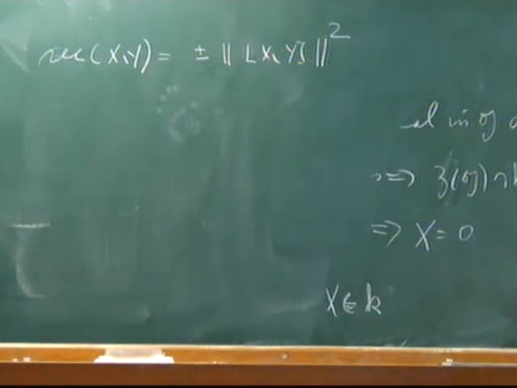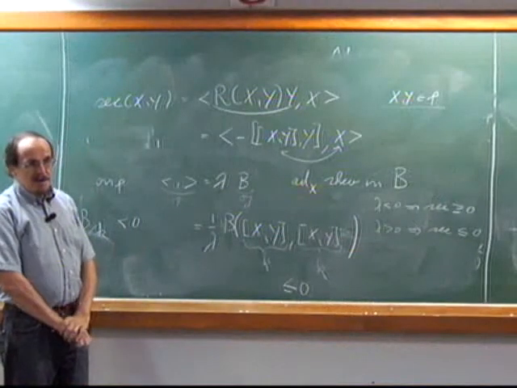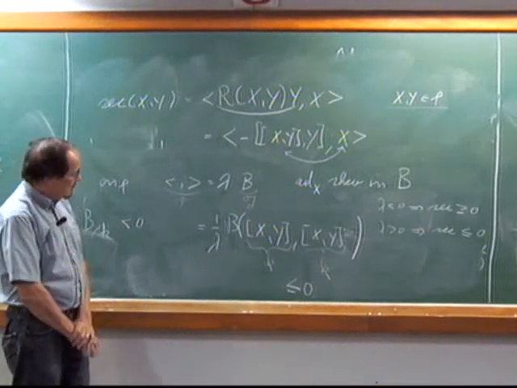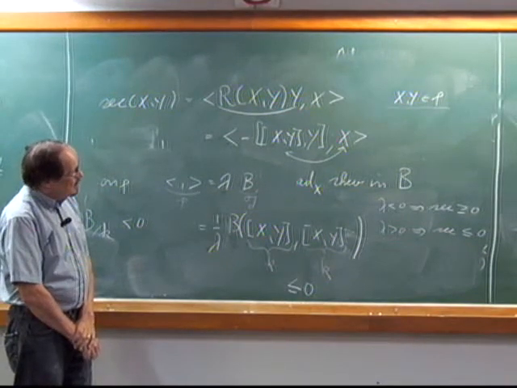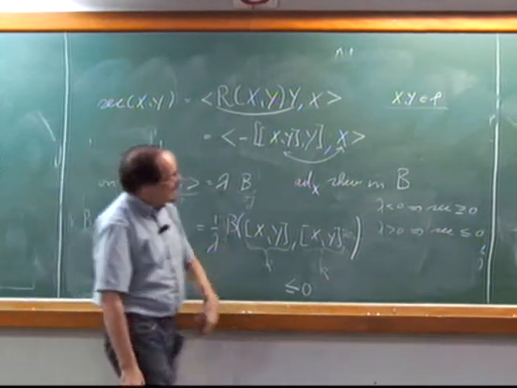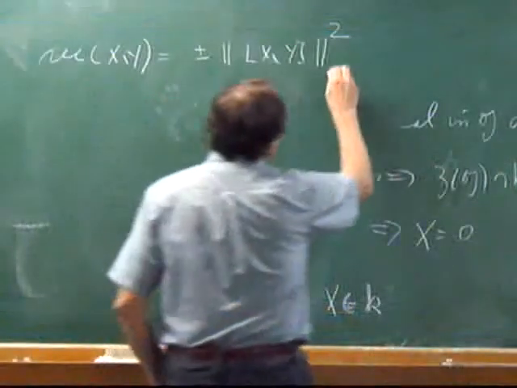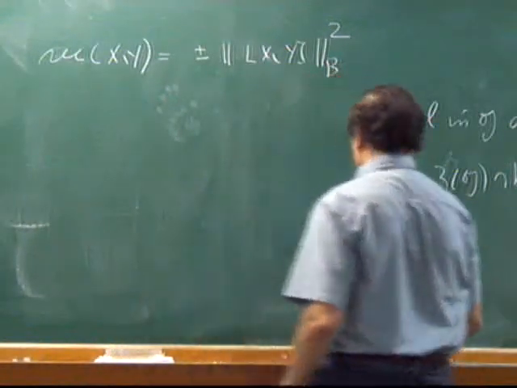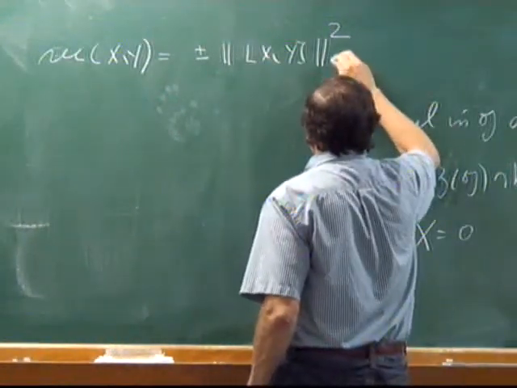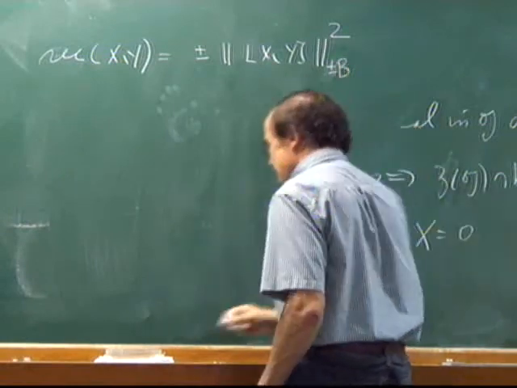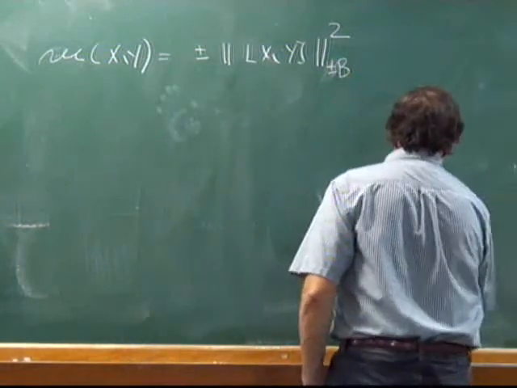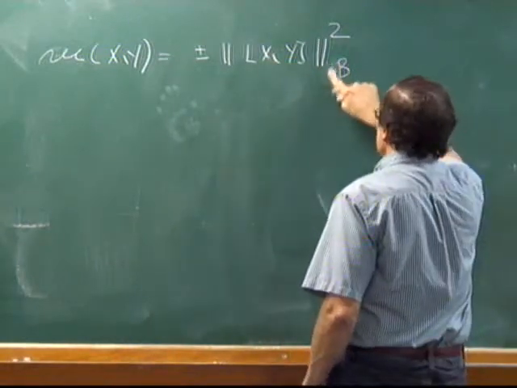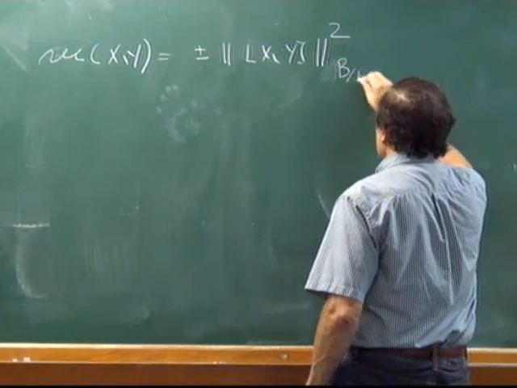Plus or minus depends on whether lambda is positive or negative. Up to scaling, I could make lambda equal to plus or minus 1. It's kind of the same metric. And then this would be plus or minus this norm squared in the Killing form. No, actually the Killing form, because this lies in K.